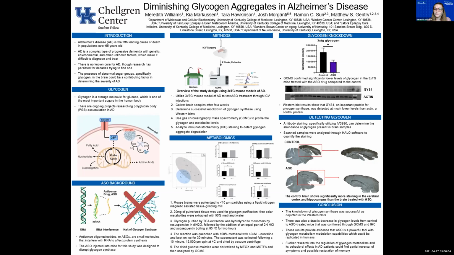But these results do provide evidence that using ASO technology allows us to control glycogen metabolism modulation. And that's something that is very different and could definitely prove useful in humans and in Alzheimer's disease, and could potentially lead to partial reversal of some symptoms in severe cases, and even potential restoration of memories in these patients.